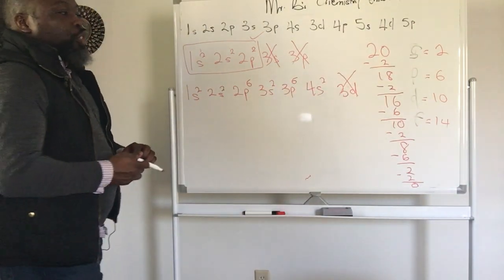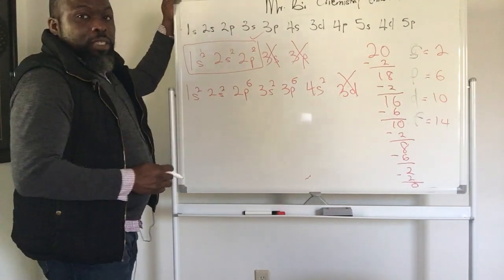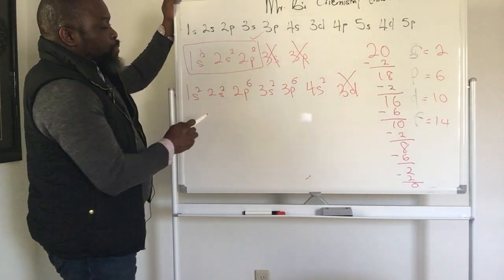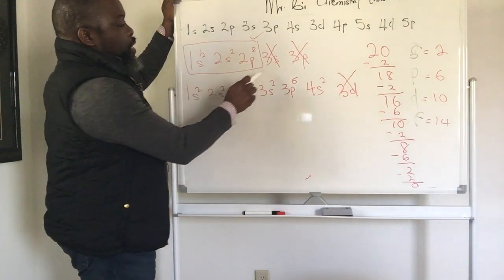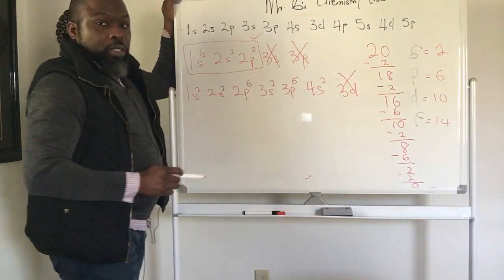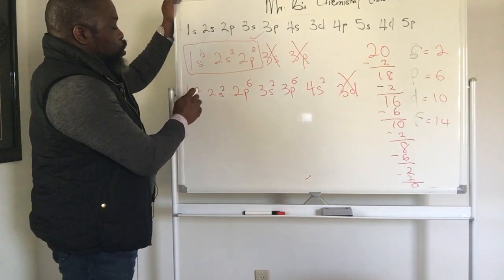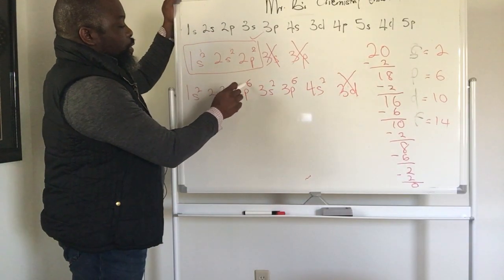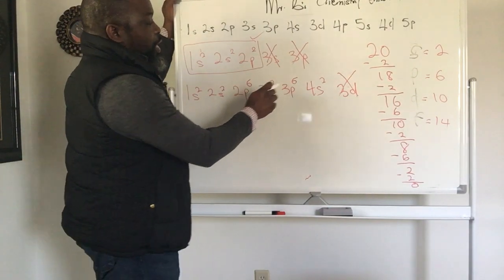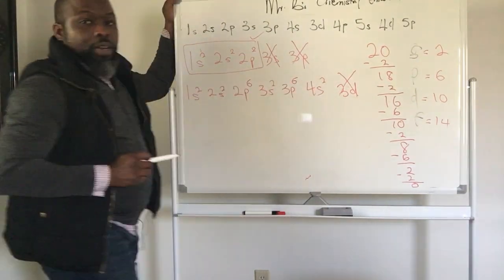So the next thing is to check if our answer is correct. So how do you check? You have to add up all these subscripts. They must be equal to what? If you say 20, that's correct. So let's add: 2, 4, 10, 12, 18, 20. So that's correct.